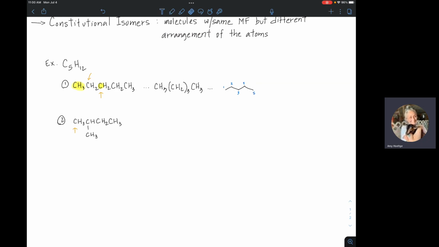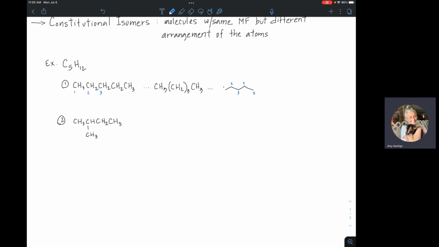So let me erase all this stuff and we'll number these so that it maybe makes a little more sense. If this is carbon 1 and this is carbon 2 and this is carbon 3, what I'm saying is I'm going to take a hydrogen off of carbon 3, I'm going to put it onto carbon 2, and I'm going to take that methyl group off of carbon 2 and put it on carbon 3, right?